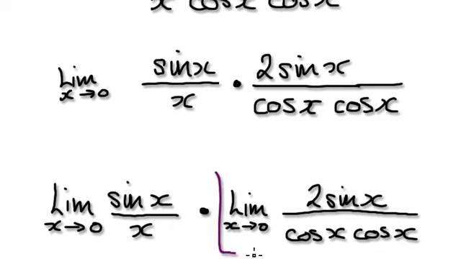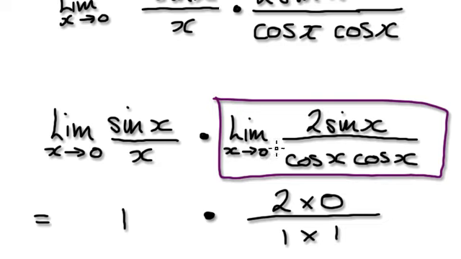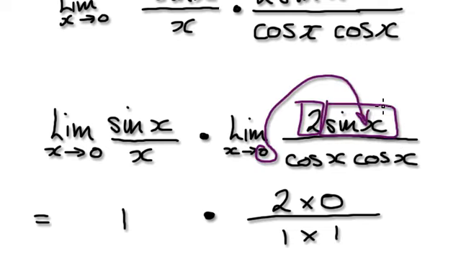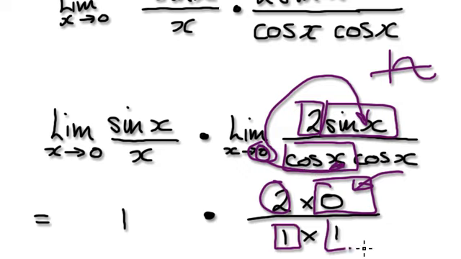Then for this one, if you put 0 into here as x tends to 0, nothing breaks down, because at the moment you've got a 2 multiplying with a sine of x. When you put 0 into x, sine of x is 0. So it's really 2 times sine of x, which is 0. And at the bottom, put the 0 into the cos of x, that would be a 1 times a 1.